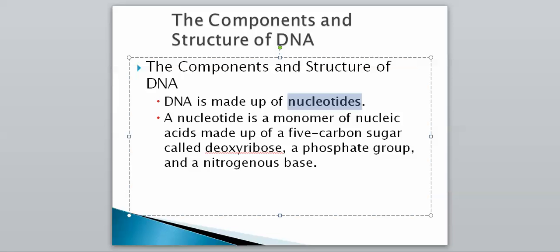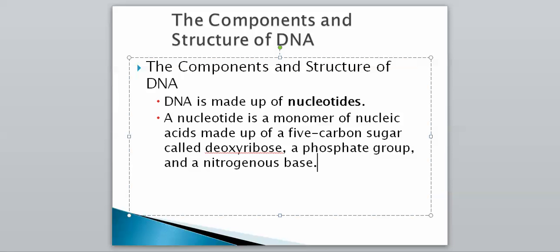I think I asked you what DNA stood for, and it stood for deoxyribose. That's the first word, nucleic acid. Then the phosphate group, and a nitrogenous base, and nitrogenous just means it's made up of nitrogen. So this is just a fancy way to say basically a little molecule, a monomer, is all that it is that we're going to look at.